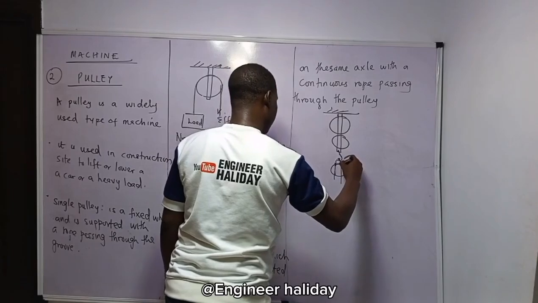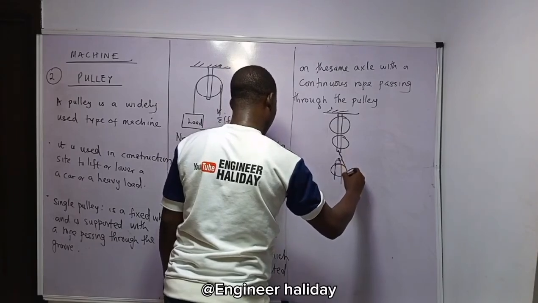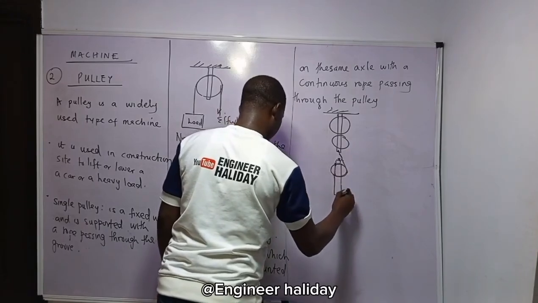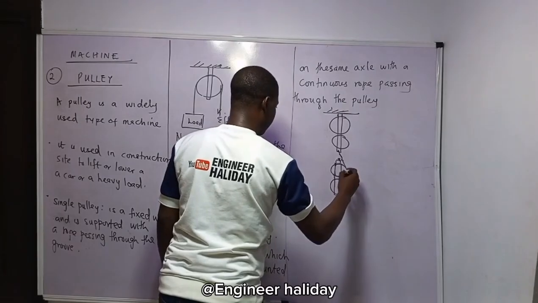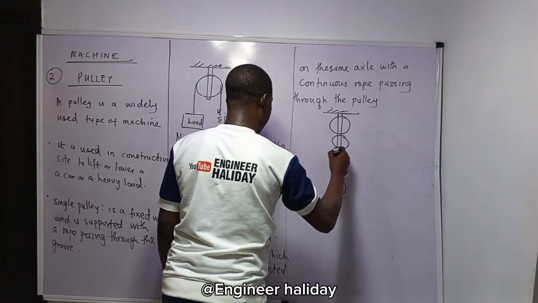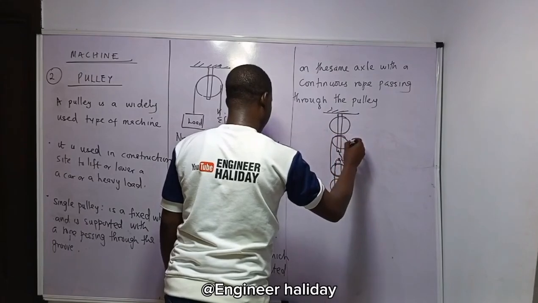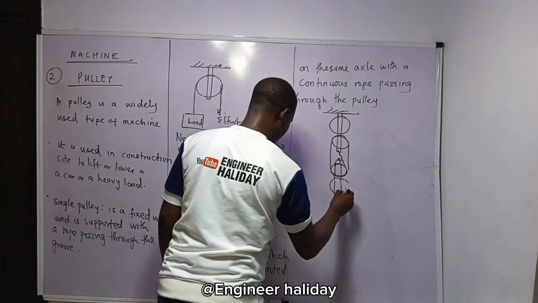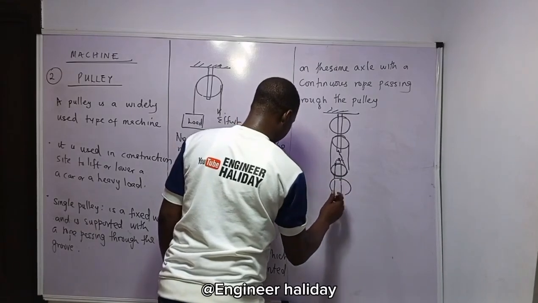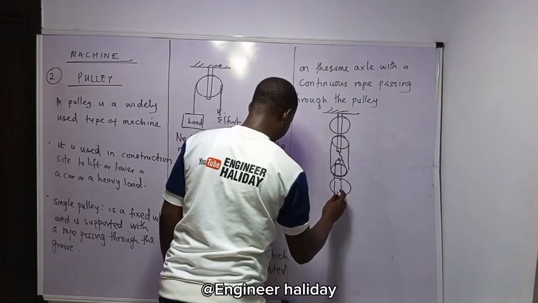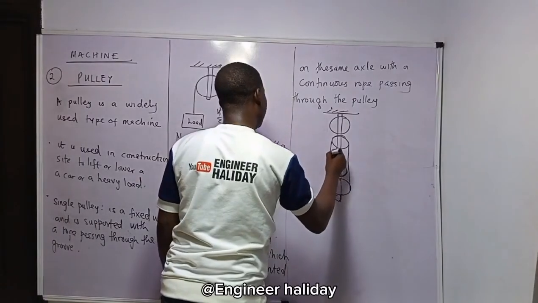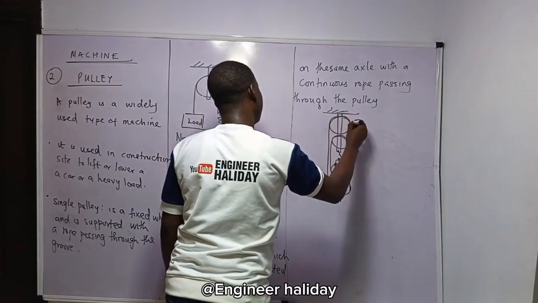A rope passes through the groove of this one, then goes like this, continues to the last pulley at the lower part, then continues like that and ends here.